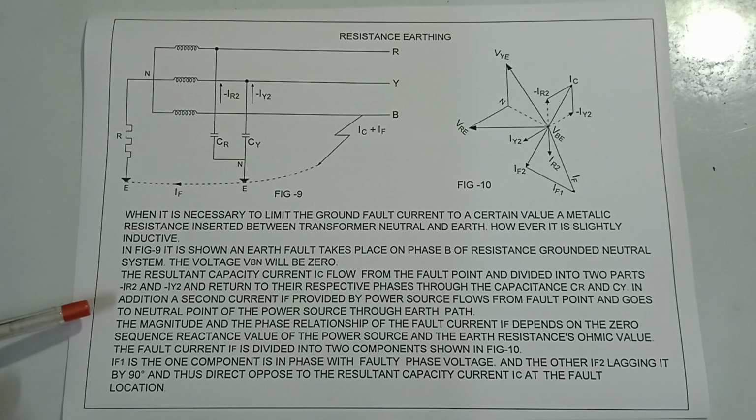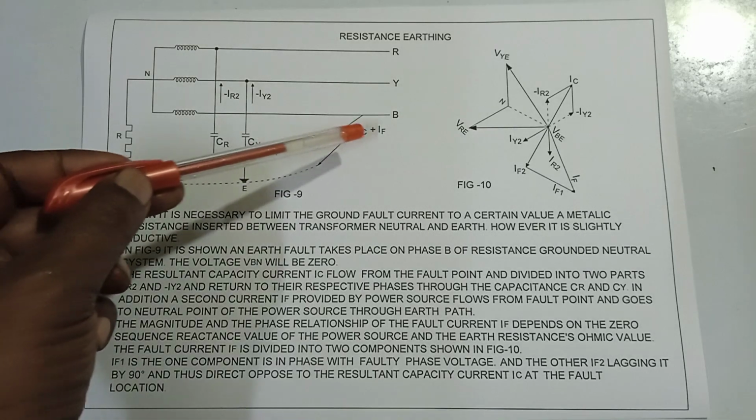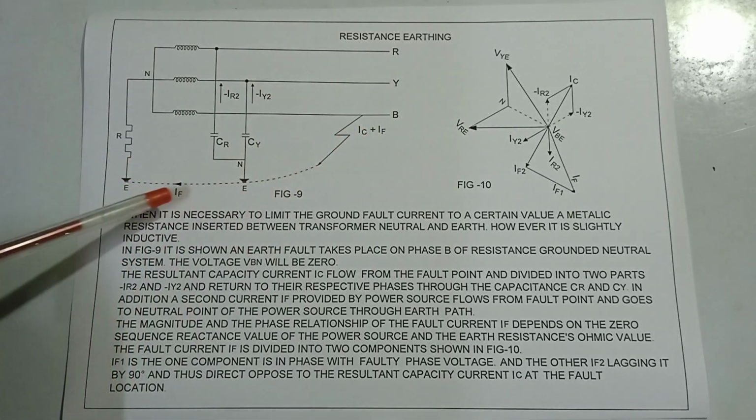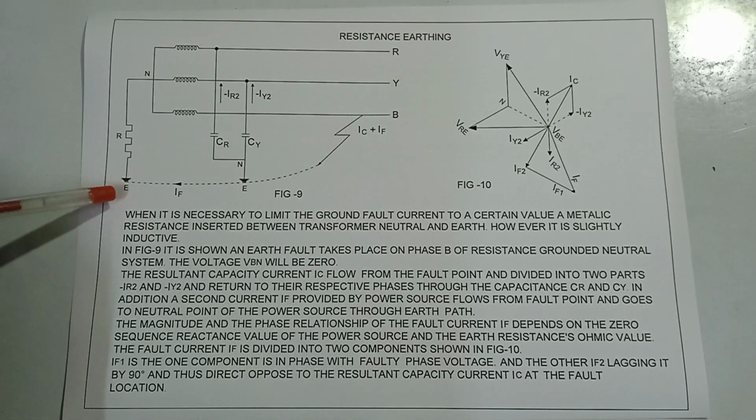In addition, a second current IF, provided by the power source, flows from the fault point and goes to the neutral point of the power source through the earth path. Here is the IF, this is the earth path, and it goes to the neutral point. The magnitude and phase relationship of the fault current depend on the zero sequence reactance value of the power source and the earth resistance's ohmic value.